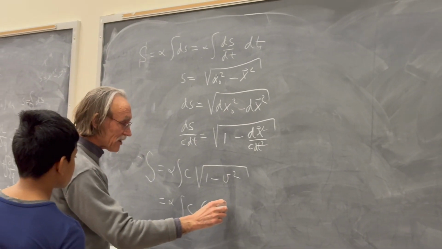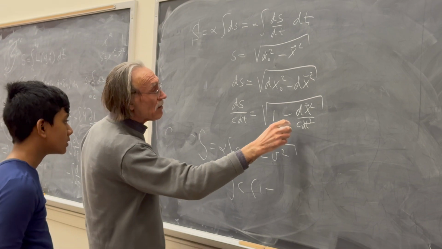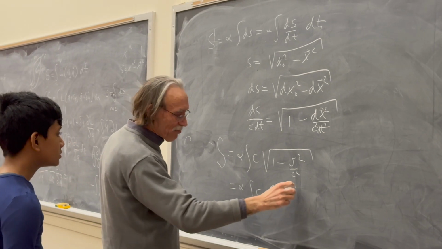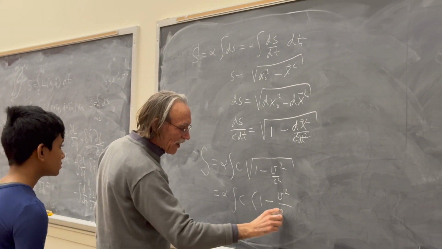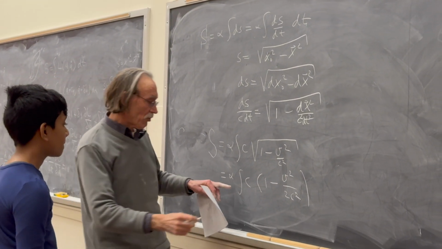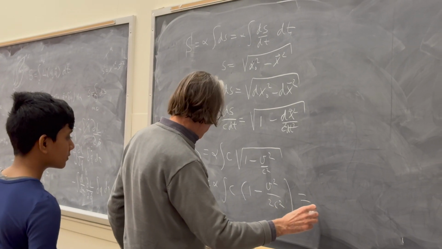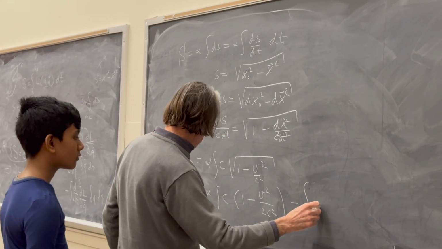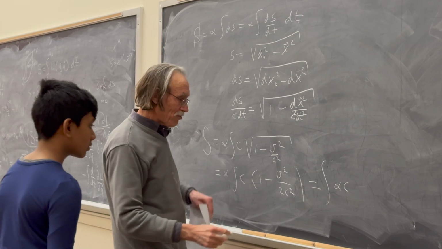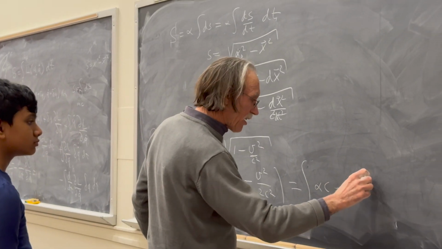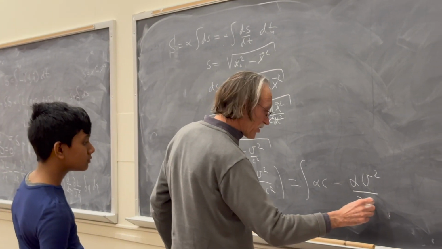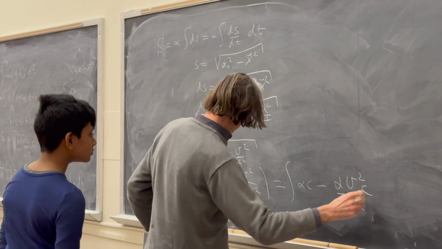That is 1 minus, do I have here a c squared? V squared over, should be dimensionless, v squared over 2c squared. And so what this is, integral alpha times c, that's the first term, minus alpha times v squared divided by 2c squared and multiplied by a c.